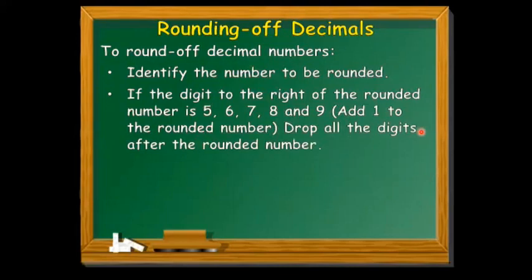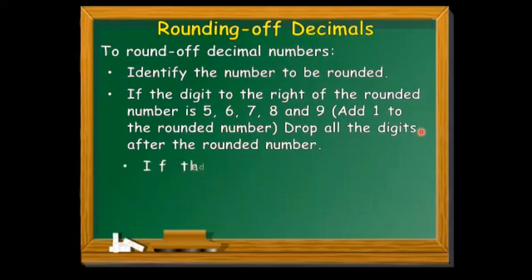So, ibig sabihin daw nito, pag nahanap na natin yung number na i-round natin, tingnan natin yung number na katabi niya sa right side. At kapag yung number na yon is 5, 6, 7, 8, 9, mag-a-add tayo ng 1 dun sa rounded natin number. And then, yung mga numbers sa right side niya, lahat mawawala. That's going to be step number 2.